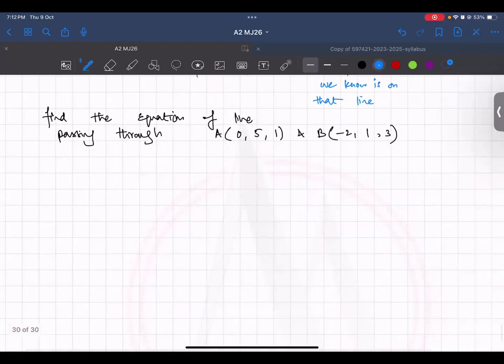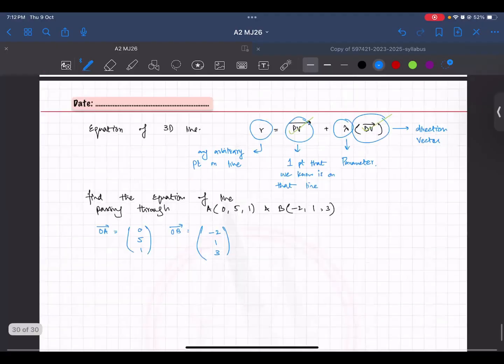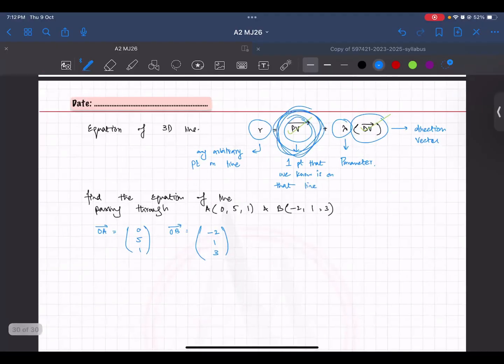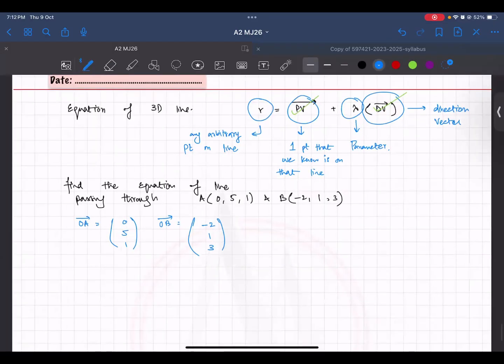Now I told you the coordinates can also be written down as position vectors. So you already have two points through which the line would pass. We know the point through which the line is passing, and we can use any one of them. The problem is we don't know the direction vector.